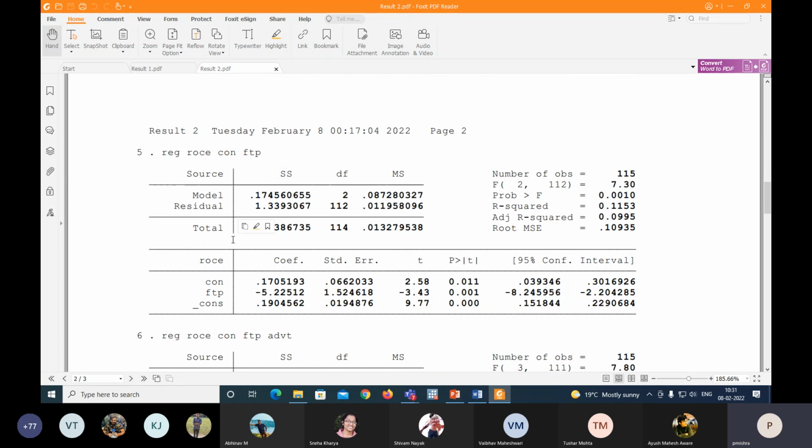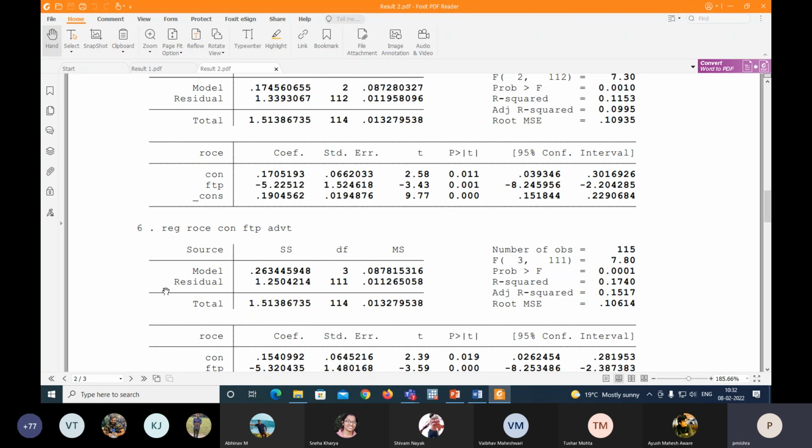Like that it continues. Now what basically I would like to know is whether you can observe some differences in the results as we switch over from one model to another. Only one thing I have done throughout the result sheet: I have kept the dependent variable the same, that is ROCE, and I have altered the independent variable or variables.